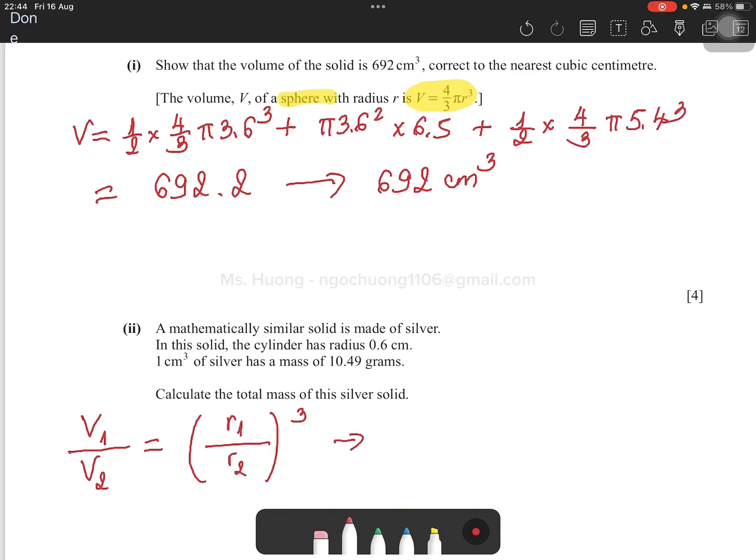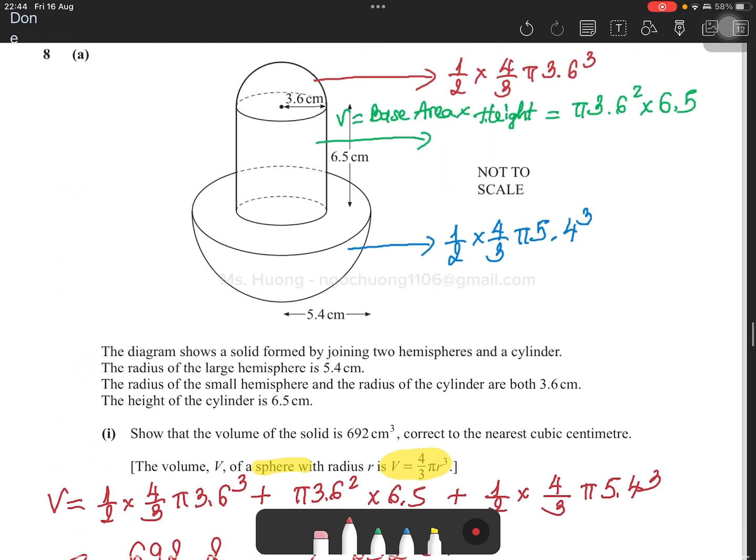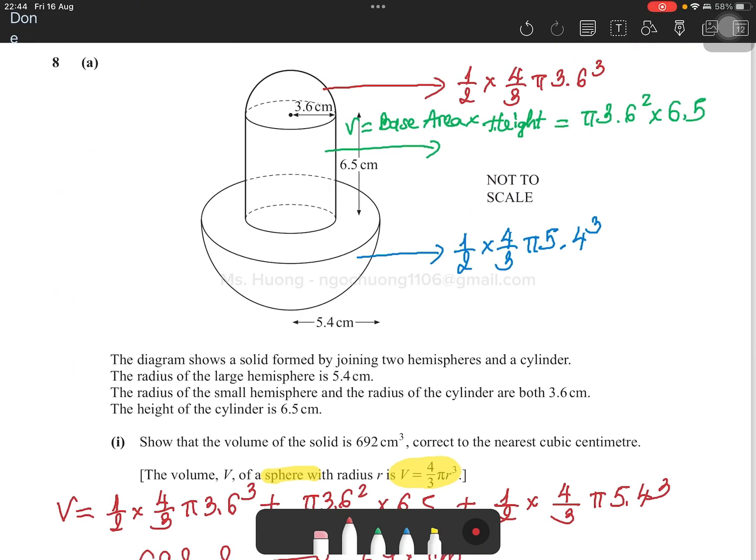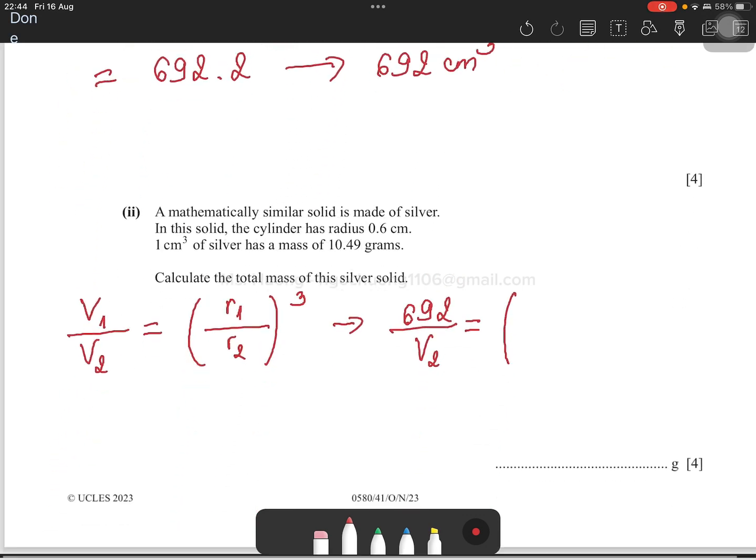The volume of the first solid is 692, and the volume of the second solid is what we want to find. The radius of the cylinder of the first solid is 3.6 centimeters.